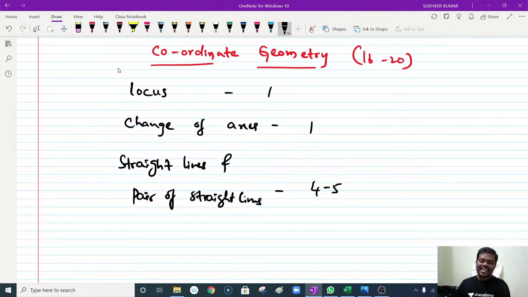Then 3-dimensional geometry is 3 to 4 marks.